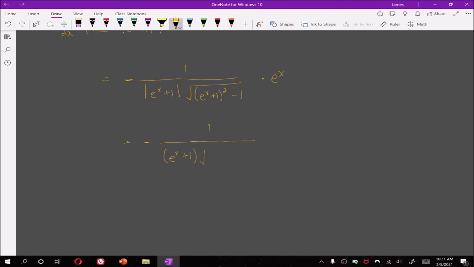Expanding out the e to the x plus 1 squared, e to the 2x plus 2e to the x. Then it'll be plus 1 minus 1, which is 0. And of course, all times e to the x, so let's put e to the x in the numerator. We can now factor out.